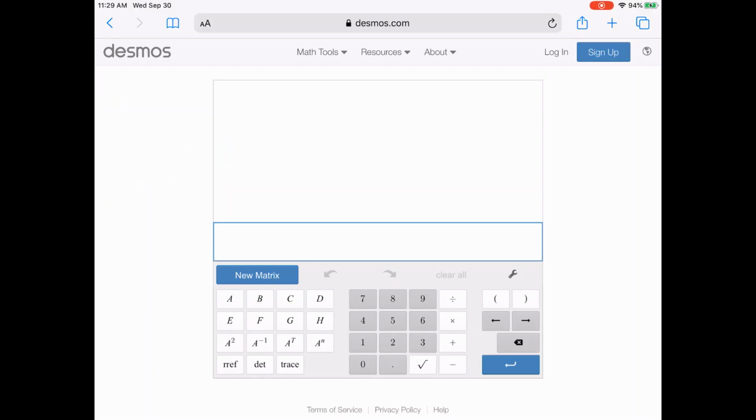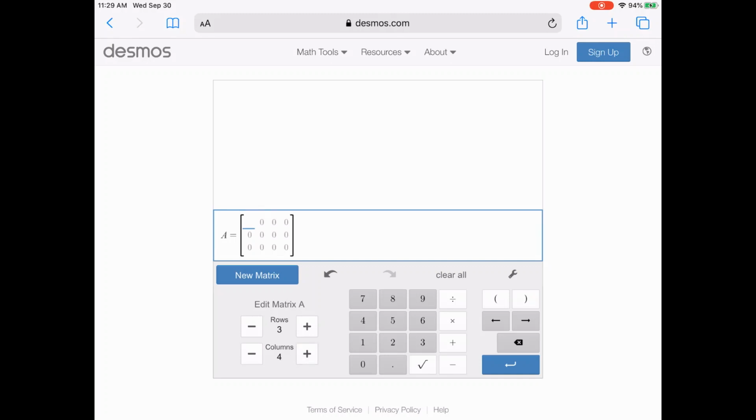Now let's find the solution to our system of 3 equations. I'm going to create a new matrix. I'm going to change the number of rows and columns. And then I'm going to input each of my coefficients.